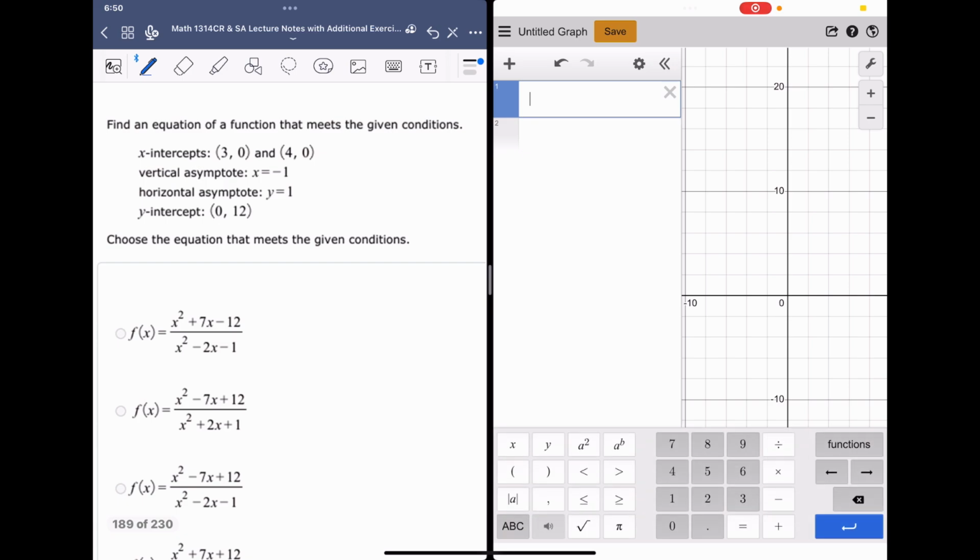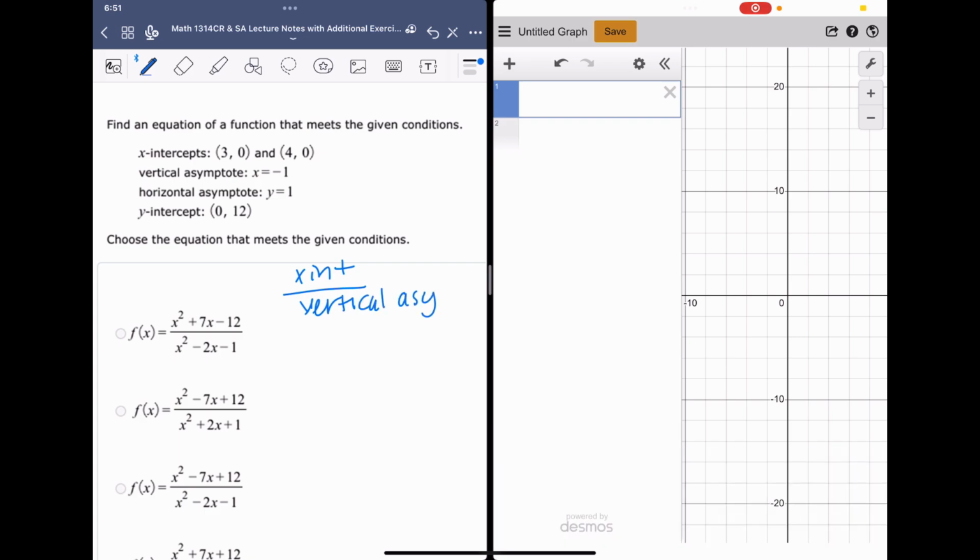So let's see what these look like. Remember that it's going to be the x-intercepts in the numerator and the vertical asymptotes on the denominator. And then you need the cases for the horizontal asymptote. But again, it's something you can observe.